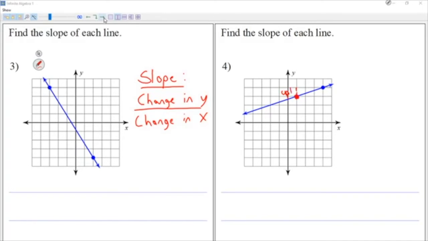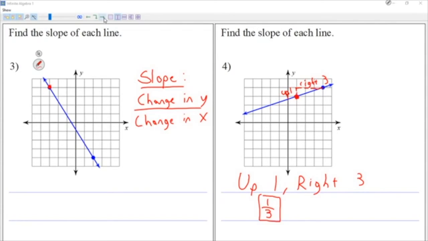And my change in X, to finish getting to that point, I'm going to move to the right 3. So up 1 and right 3 means that my change in Y is a positive 1, because up is a positive direction for Y. And right 3, right is a positive direction for X. So I have 1 over 3.